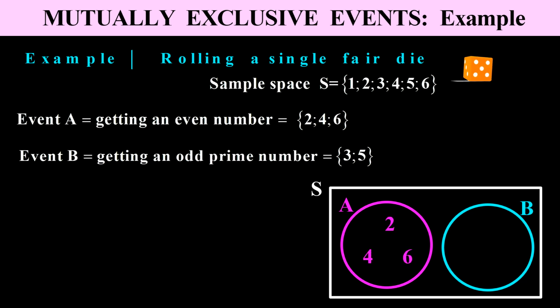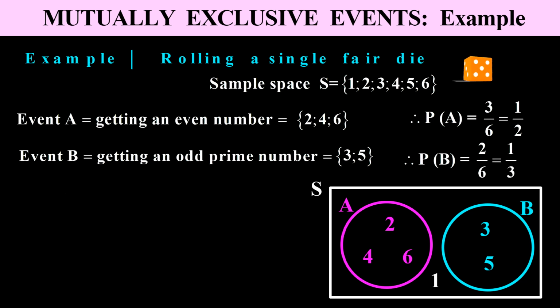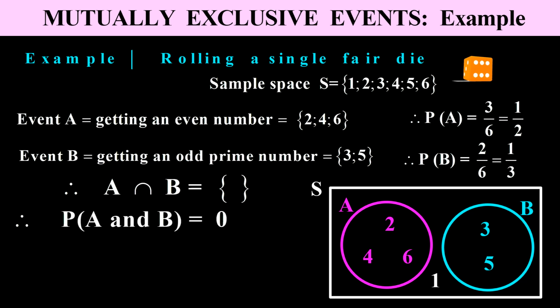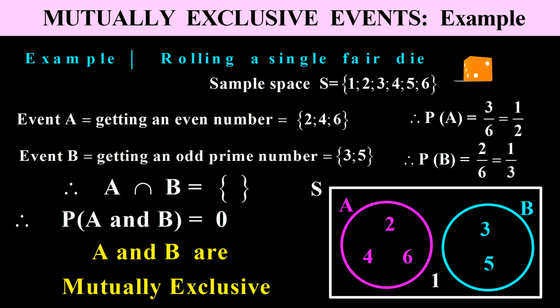But because of the sample space, we must not forget the 1 that needs to be added there. So the probability of A is 3 over 6, which is 1 over 2. The probability of B is 2 over 6, which is 1 over 3. We now notice that for A intersection B, there's no intersection. So the probability of A and B is 0. Therefore we can see that event A and event B are mutually exclusive events.